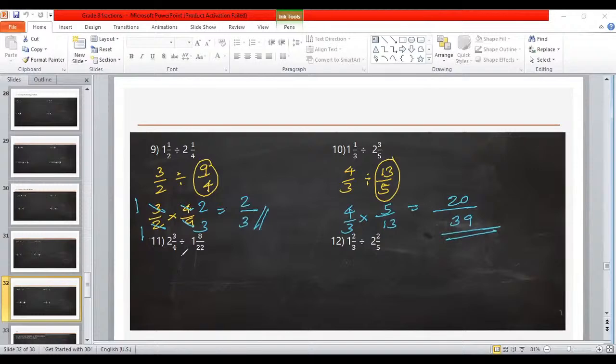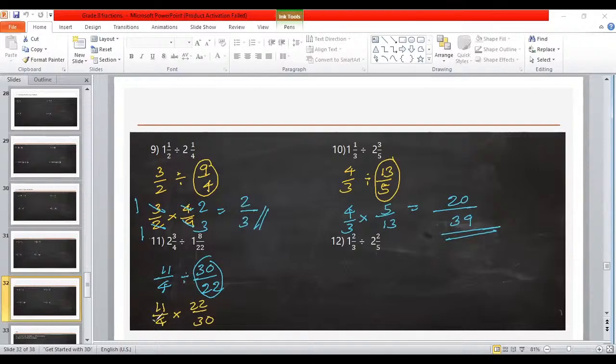4 times 2, 8, 3, 11 over 4. Divided by 22 times 1, 22 and 8, 30 over 22. Then the next step, write the reciprocal of this. 11 over 4 into 22 over 30. Cancel out.